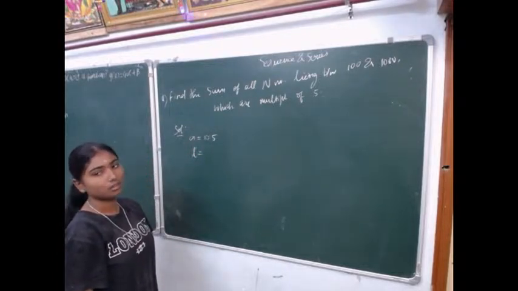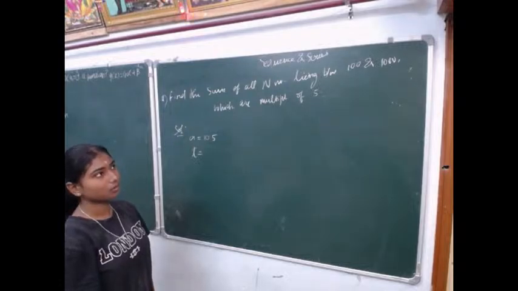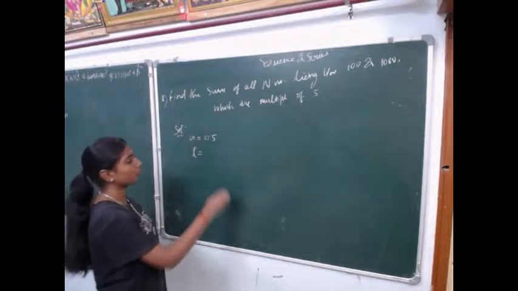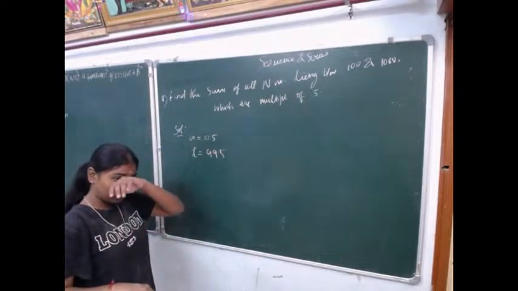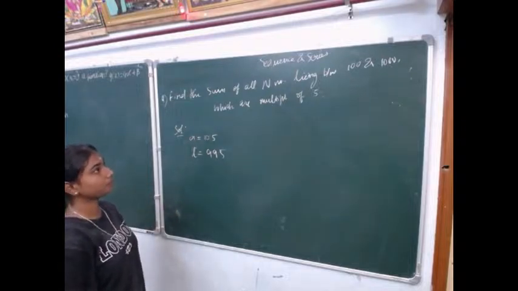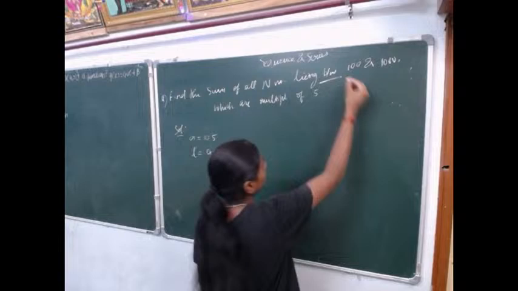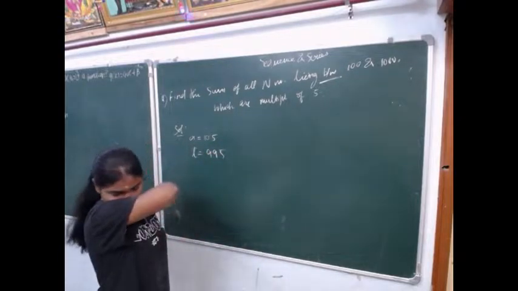It cannot be 1000. Please note down, find the sum of all natural numbers lying between, underline between. If it is asked between, you cannot take 100 and 1000, between only.